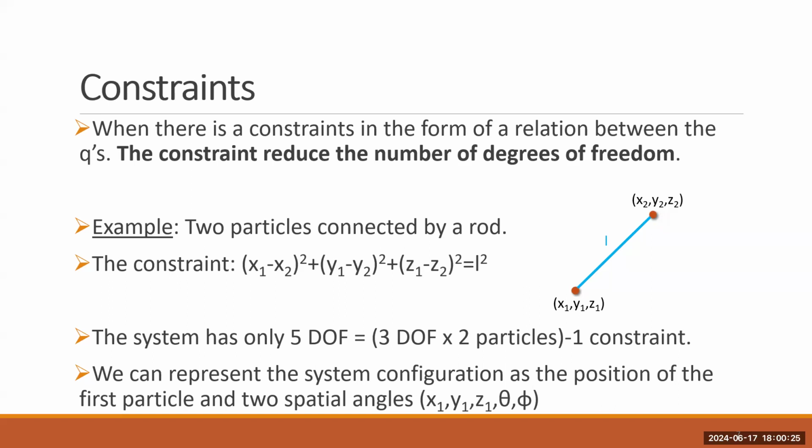That's the meaning of a holonomic constraint. This is the constraint equation, in terms of the configuration variables x1, x2, y1, y2, z1, z2. So I have a constraint on the configuration variables, and now I can reduce the number of configuration variables, like the 5 here. And this is the meaning of a holonomic constraint.